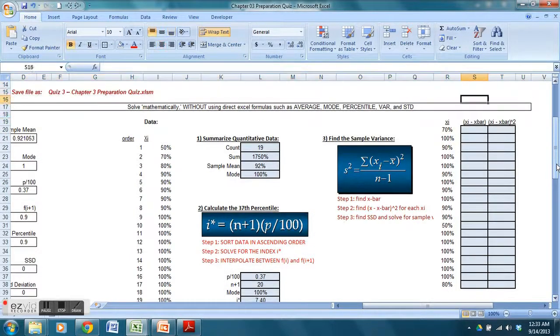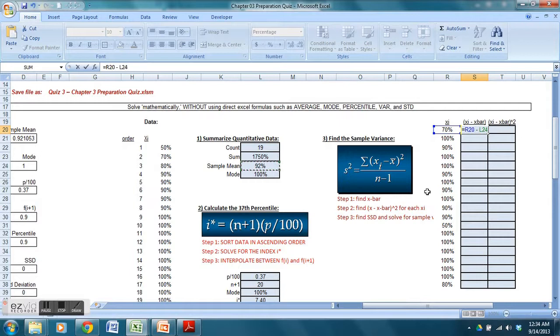So we already have what x bar is, because x bar is the sample mean right there, so here we want xi minus x bar. Xi is 70% or 0.7, and we're going to subtract x bar, which is the mean.